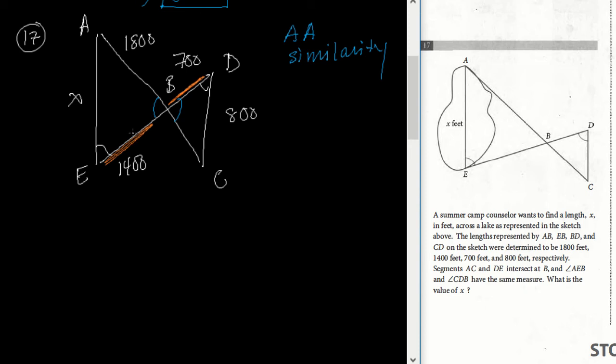And now we want to find the side that's similar to x. You can sort of see pictorially that it's going to be similar to 800, but let's be a little bit more rigorous about this.